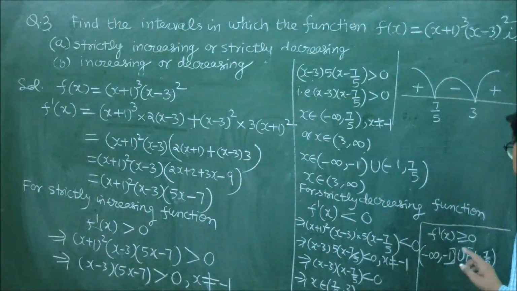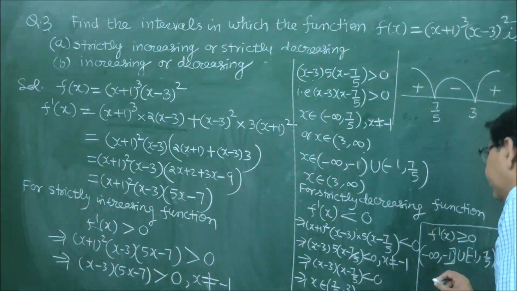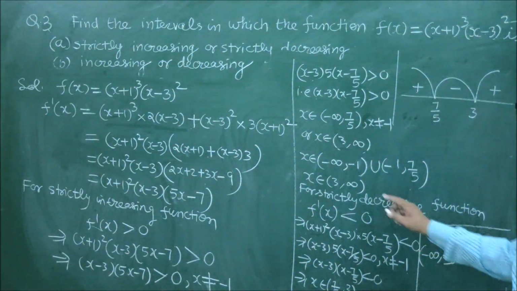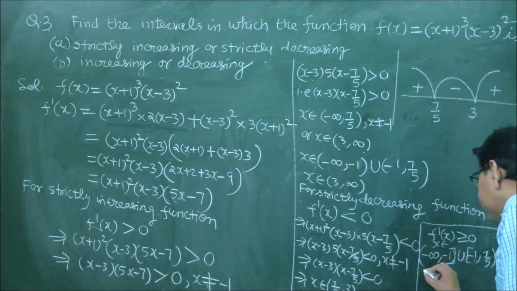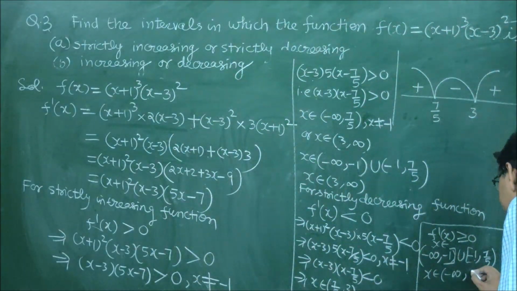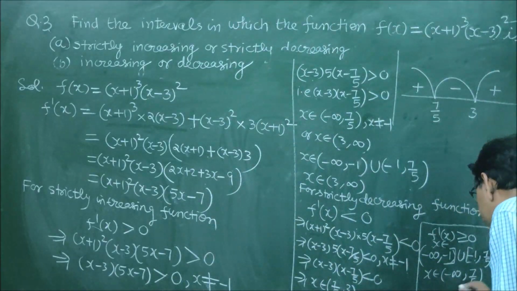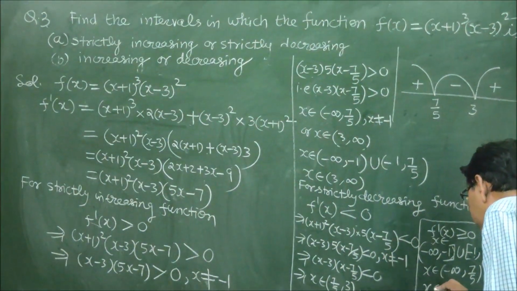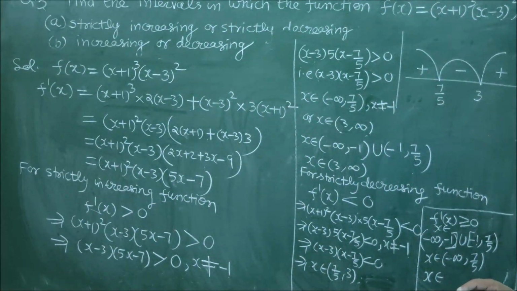If I include the point −1 for equal to 0, then x belongs to (−∞, 7/5), union the other interval, x belongs to (3, ∞), where 3 will also be included.